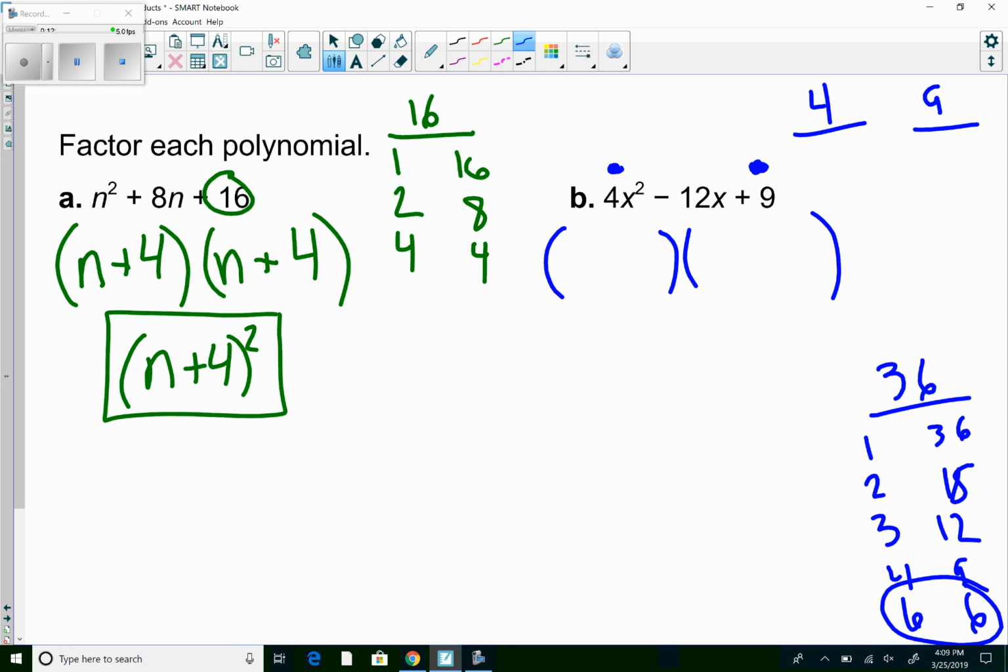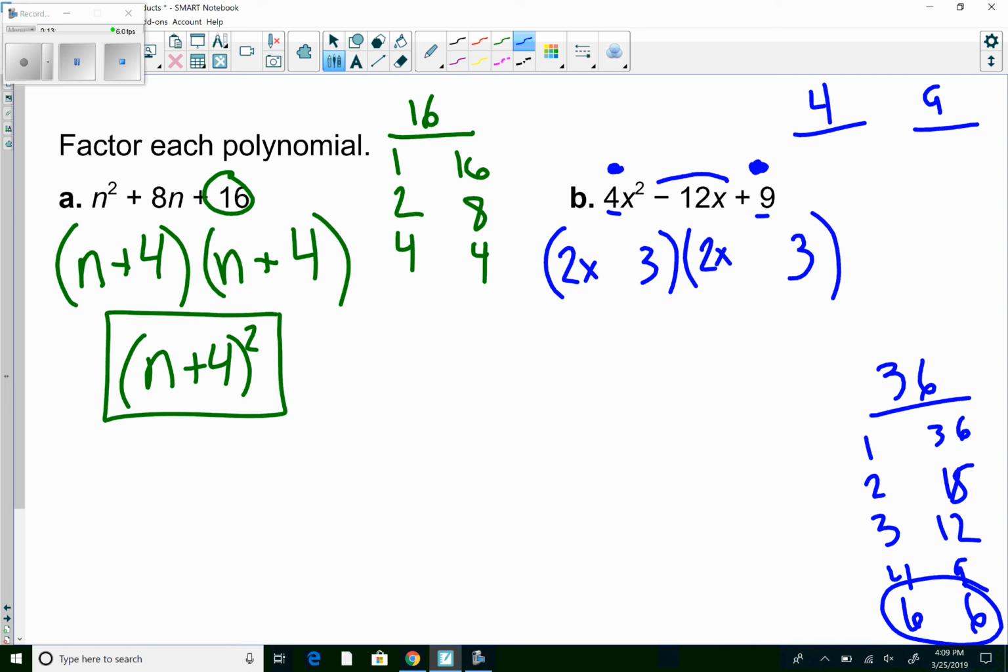But recognize, you guys, AC split, like you guys have expressed, it's a little bit of work. But if we can just recognize that these are both perfect squares, I'm gonna separate this up into 2x and 2x. I'm gonna use 3 and 3.